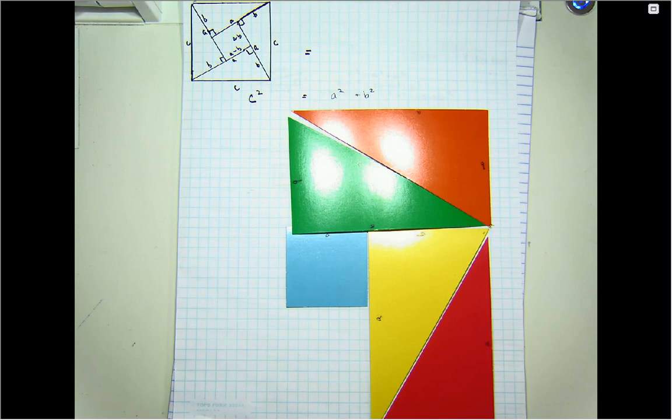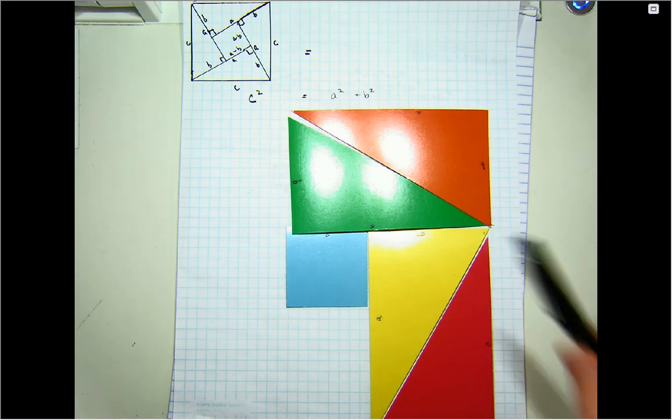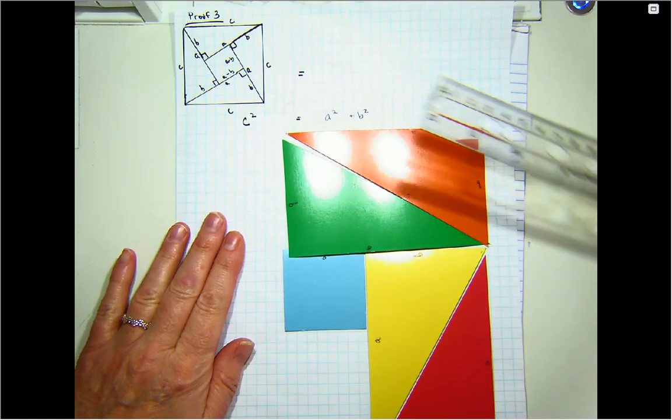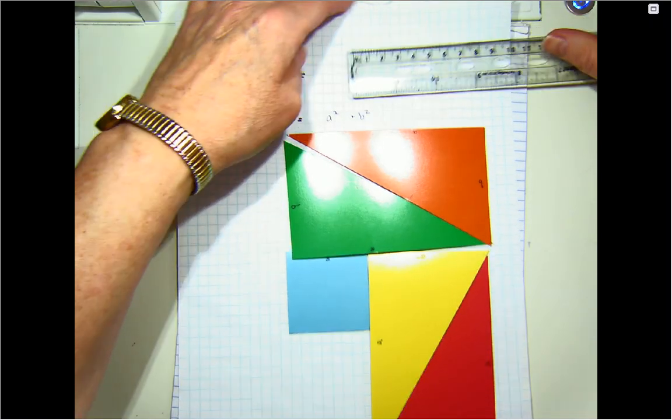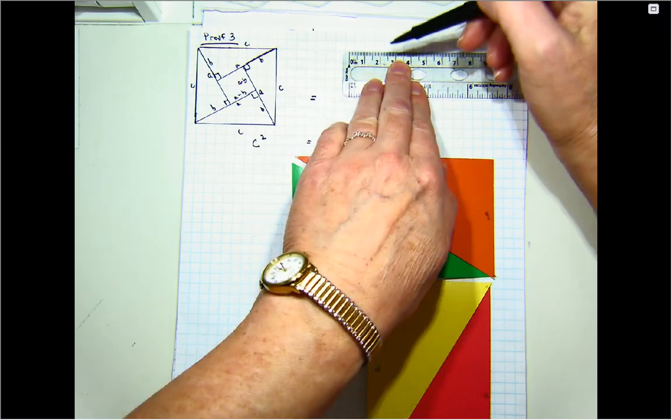In fact, let's sketch these to fit the 3x5 index cards that we're using. So let's make rectangles that are 3x5, and then draw the diagonal down them. So 3x5 for a rectangle here.